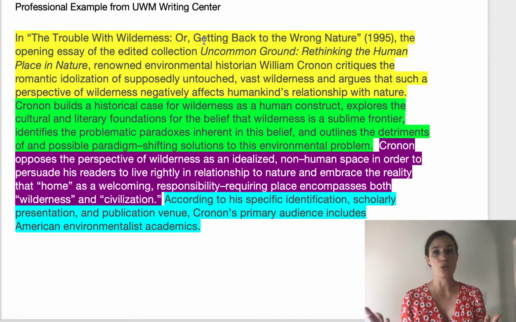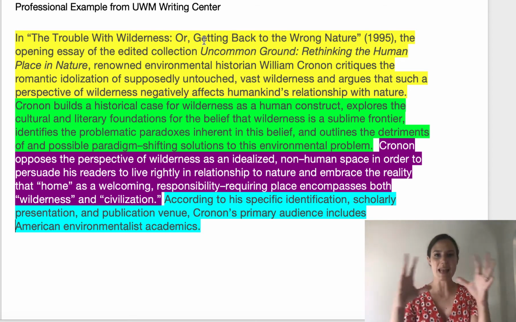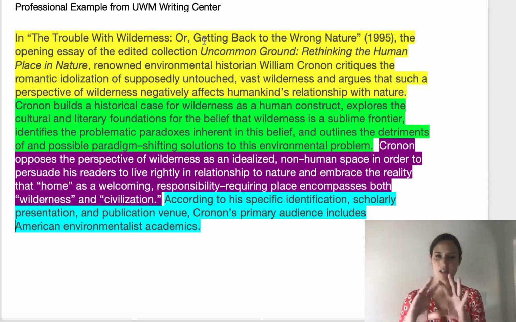If I didn't know who William Cronon was, and I didn't, I now know that he's a renowned environmental historian. And then, of course, importantly, the writer of this précis includes the main idea of the text, the topic and the main idea. Let's look at the next sentence.